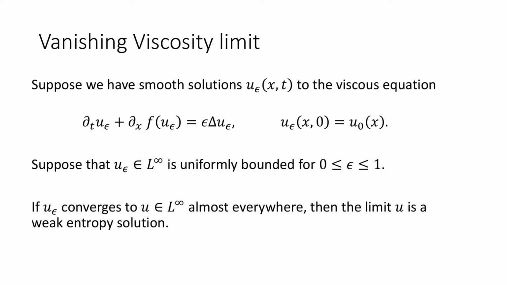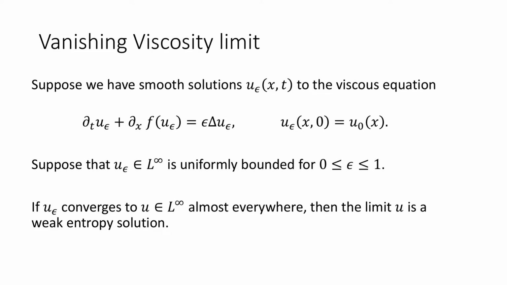As it turns out, we can relate the notion of vanishing viscosity solution to our notion of entropy solution. In order to appreciate that connection, let us suppose we have a smooth solution u^ε(x,t) to the viscous equation: time derivative of u^ε plus x derivative of f(u^ε) equals ε times the Laplacian of u^ε. Here ε is a small parameter close to zero.